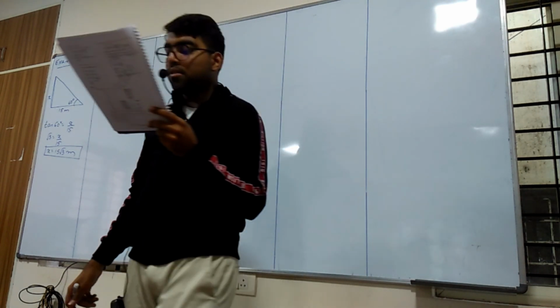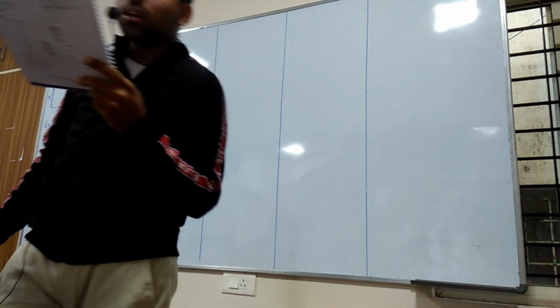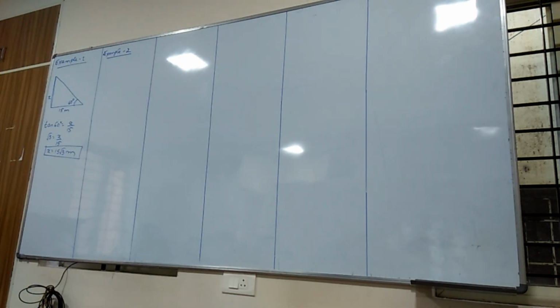What should be the length of the ladder that she should use, inclined at an angle of 60 degrees to the horizontal? What is the horizontal? Horizontal means the ground. 60 degrees to the horizontal. What should be the length of the ladder that would enable her to reach the required position? Also, how far from the foot of the pole is the foot of the ladder?